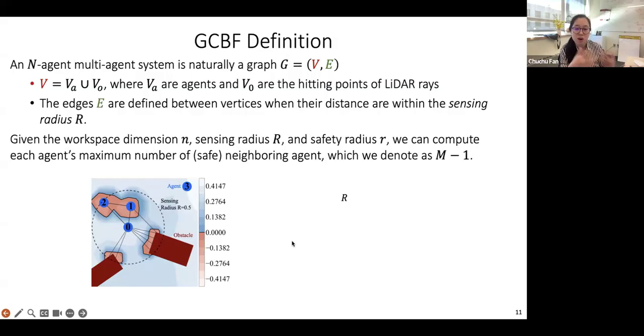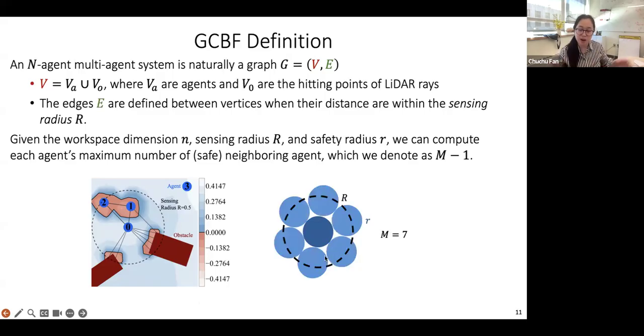Now, once we have the workspace, which could be 2D for ground vehicles, 3D for flying robots, or high-dimensional for manipulators, and if I have my sensing radius and define a safety radius, meaning how far away a system is safe, then we can compute the maximum number of neighboring agents. For example, if my agent is in the center with a sensing radius big R, I can compute the maximum number of agents around me that I have to care about.